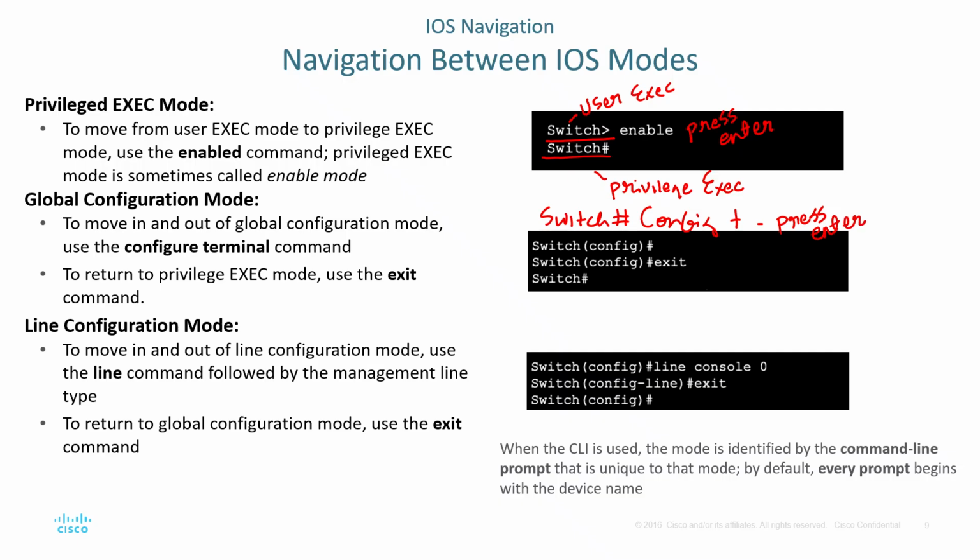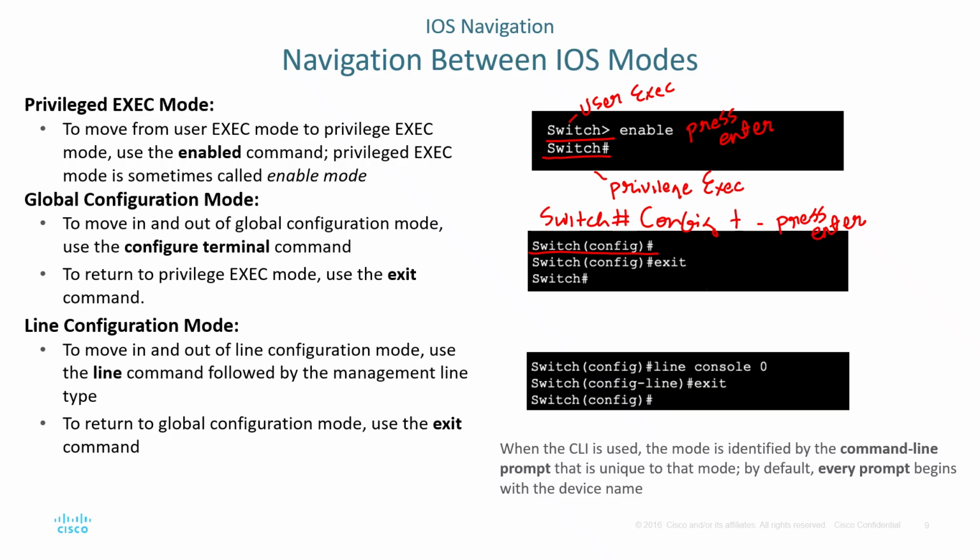And that gets me to global. Now, the entire prompt for global is as such. Okay? To return to privilege, I type in the word exit, and exit will bring me back one mode.